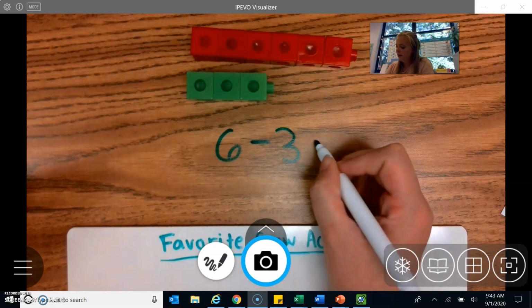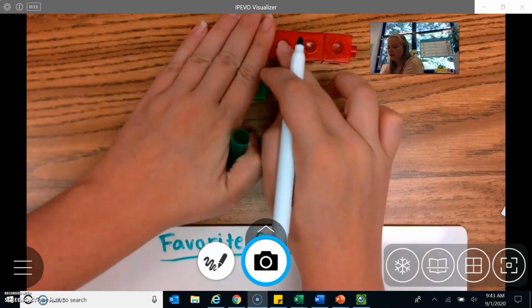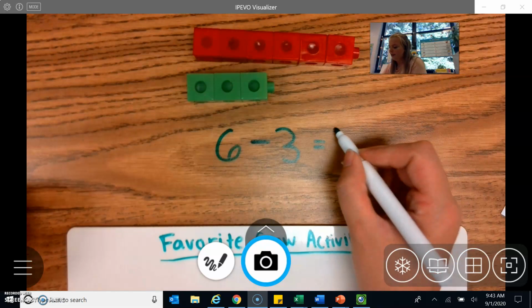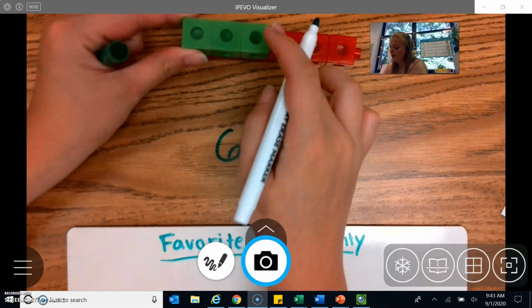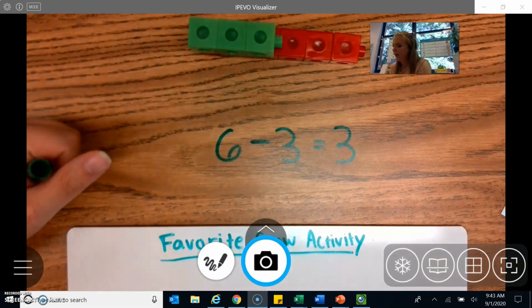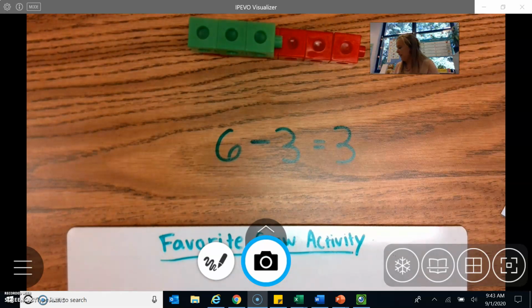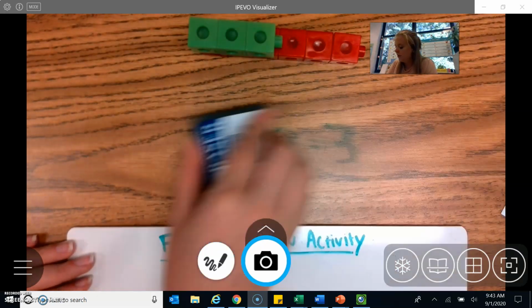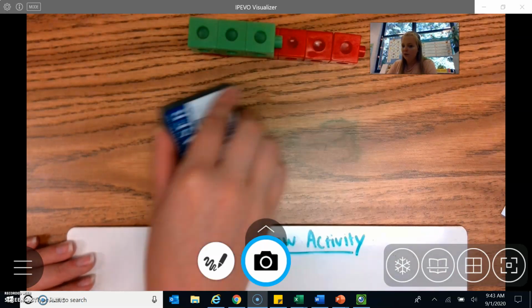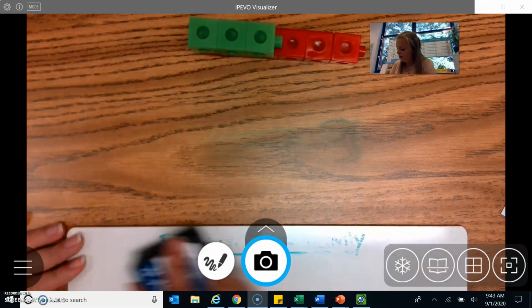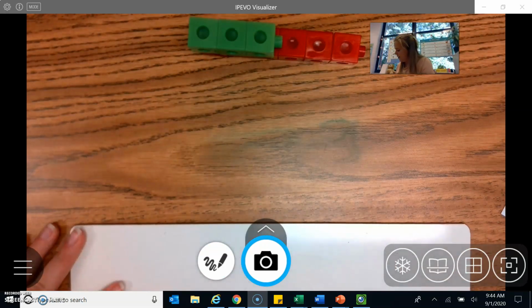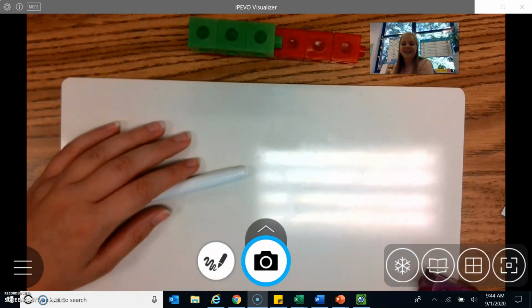Equals, how many did I have left over? That's right, 3, because I took away these 3, and I have 3 left over. Perfect. So remember, for fewer and for more, we do subtraction.